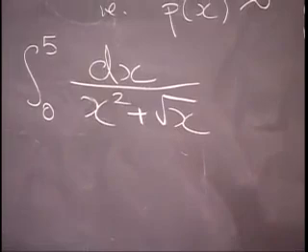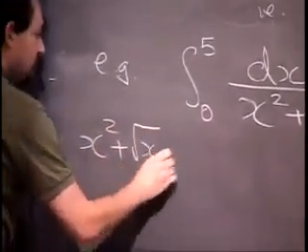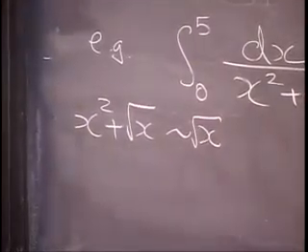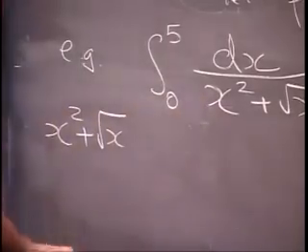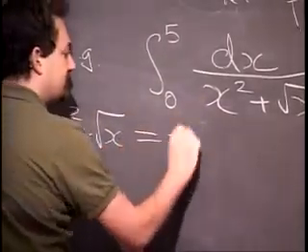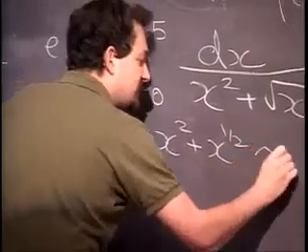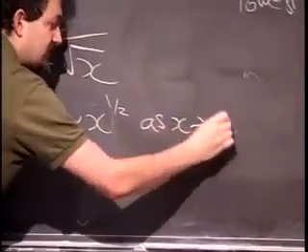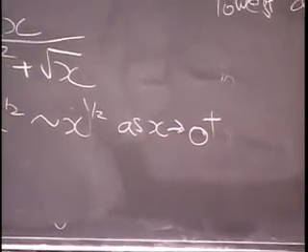So it is true that x squared plus root x twiddles root x, the lowest power. In fact, let me first write this as x squared plus x to the 1/2, which twiddles x to the 1/2 as x goes to 0. And in this case, we better put a plus because you cannot take the square root of a negative number.